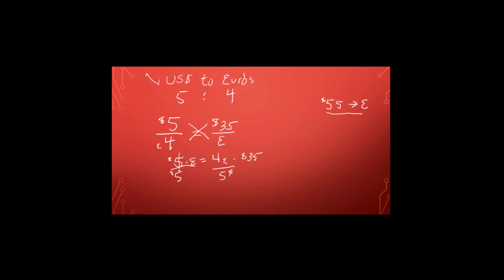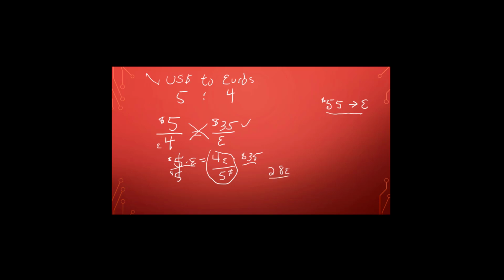And these cancel, of course. So I get euros equals 4/5 times the $35 that I'm trying to convert. So we can simply do this. 35 divided by 5 is 7. 7 times 4 is 28. So the answer is 28 euros, which isn't really that important, but that's what it is.